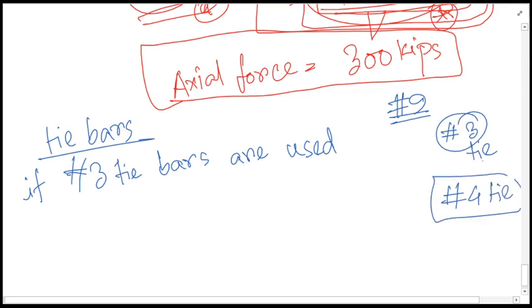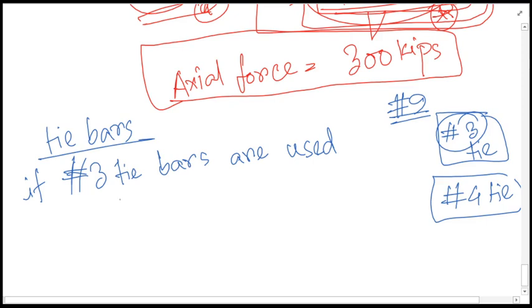I don't want to mention all that again, but you know these things, and if not, please focus on your textbook and recall this so that you can use the tie bars and number of tie bars properly according to the main reinforcement provided in the column.